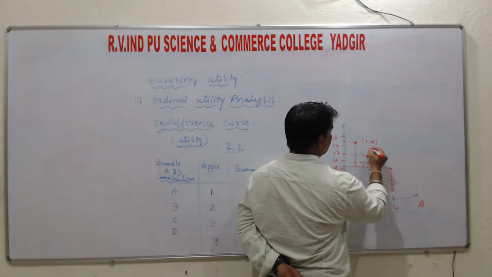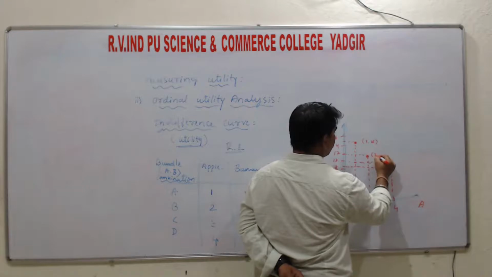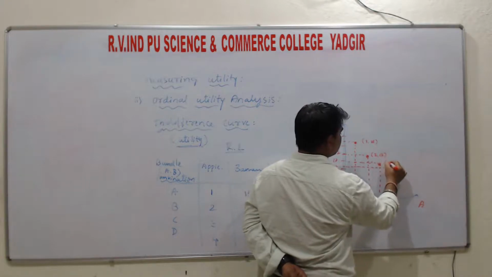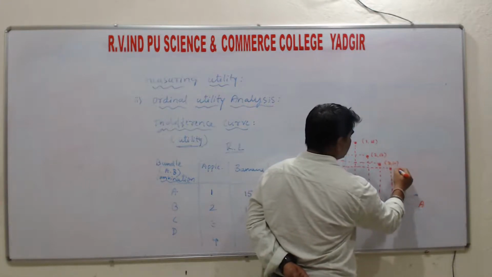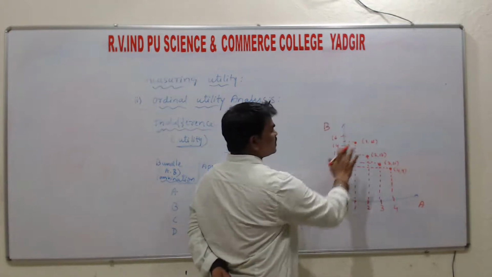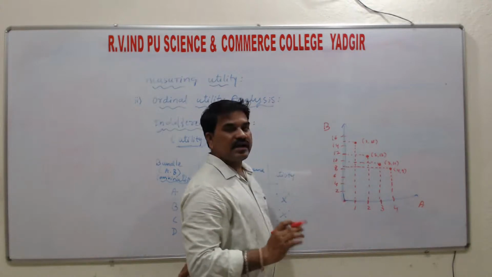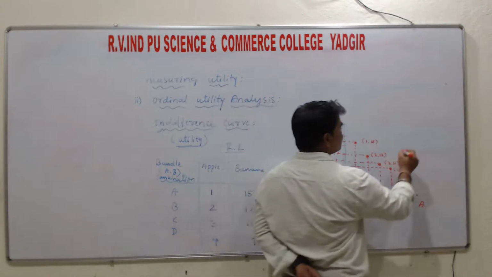1 apple, 15 bananas. Here it is 2 apples, 12 bananas. Here it is 3 apples, 10 bananas. And here it is 4 apples, 9 bananas. These are the bundles. So what is his satisfaction level? Here it is the same.